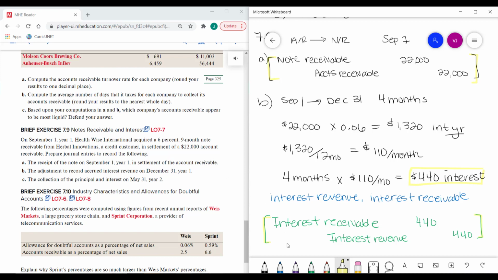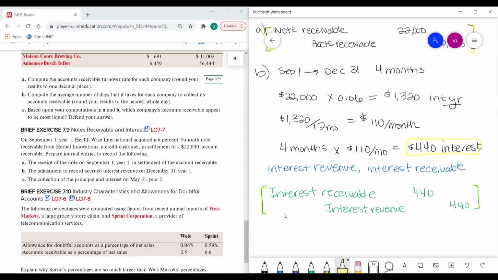So that's that entry on December 31st to record that accumulated interest. So this would be an adjusting entry. So they could have been doing adjusting entries at the end of December, October, November, but in this case, we're just assuming we're doing one adjustment for the end of December.